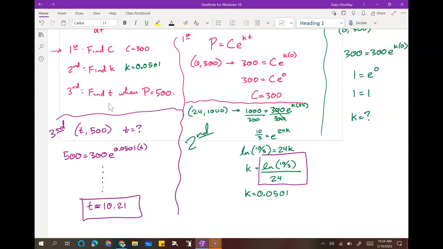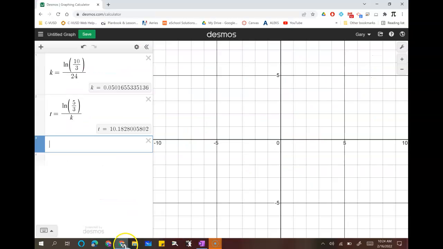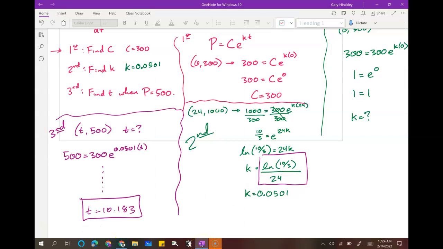So we could say the exact answer, let's go ahead and put that in. That is T equals 10 point, I think it was 183. All right, so that's the exact answer.